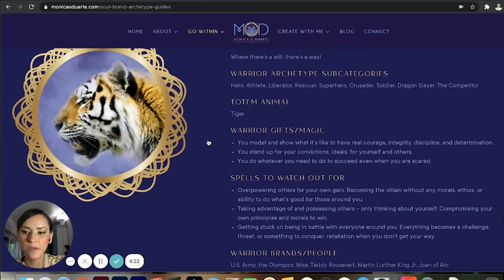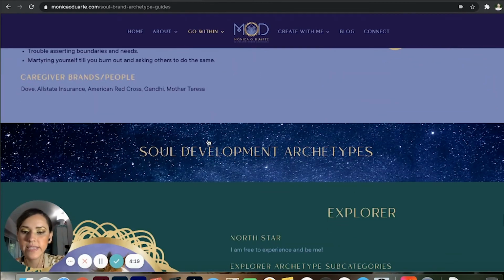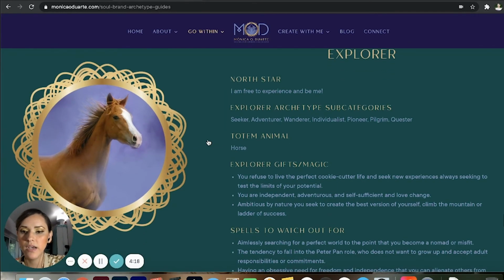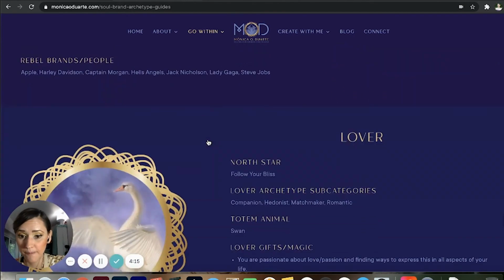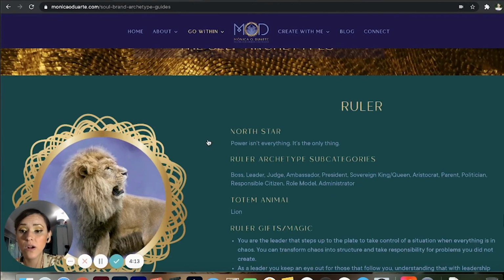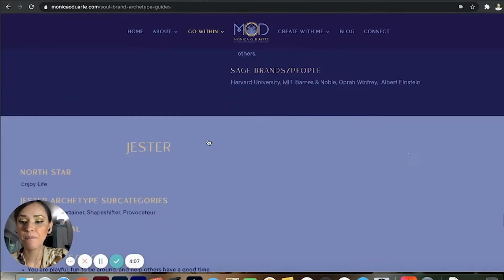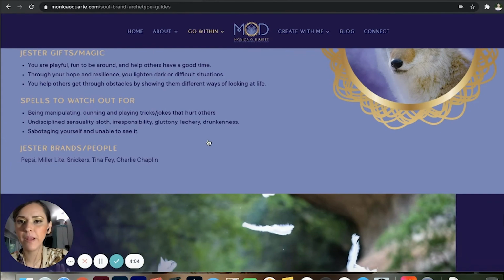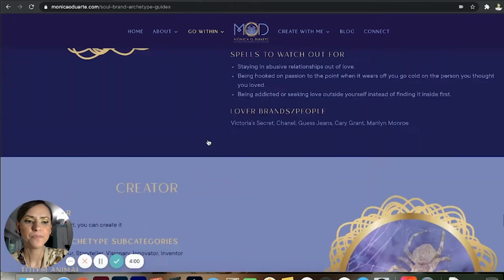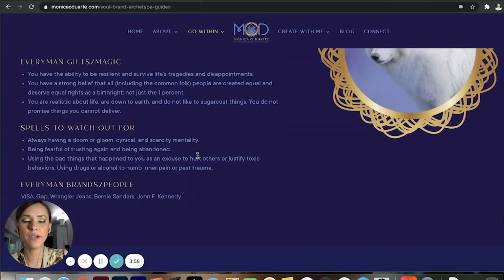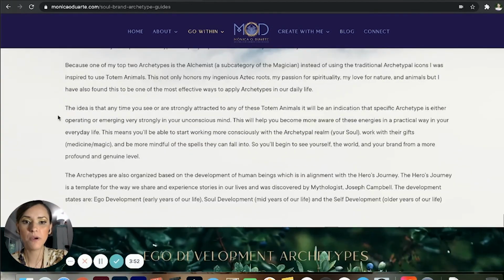So again, there's 12 main ones. And again, I categorize these based on totem animals. And they're actually categorized based on human development as well. So I didn't talk about this in my last video, but I will make a video about it in the future, and talk about how archetypes play out throughout our lives. There's a process that they actually come into our lives when we meet them. So I will talk more about that.